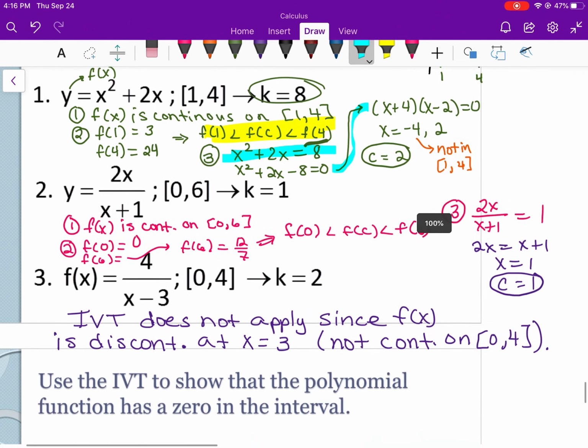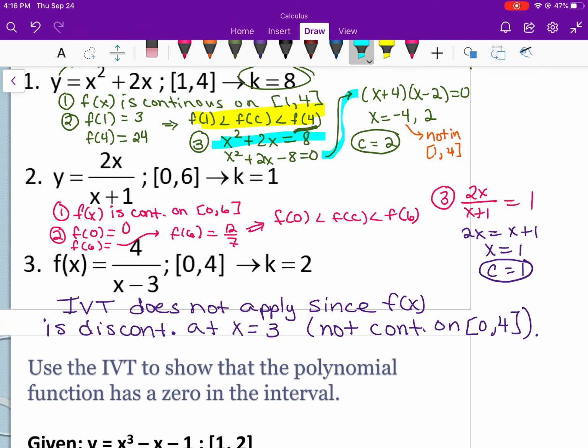On this next one, I'm going to do the same thing. So I say it's continuous from 0 to 6. Now we talked about on this one that this function is discontinuous at x equals -1. That is a vertical asymptote, and that is non-removable discontinuity.